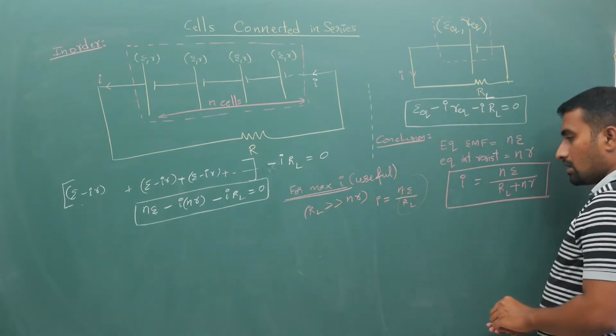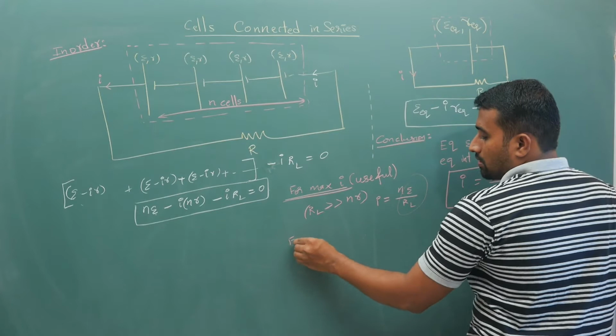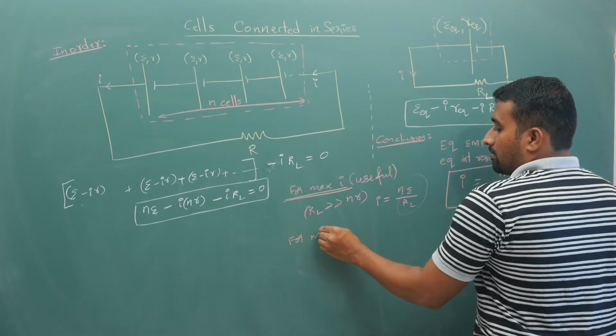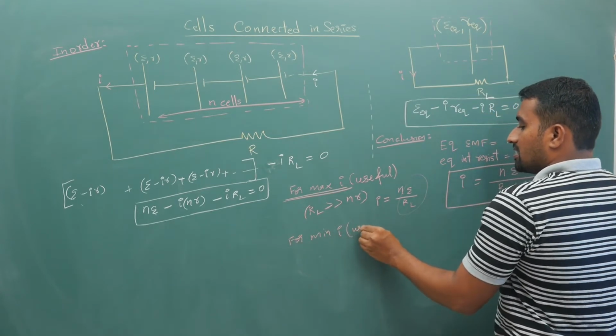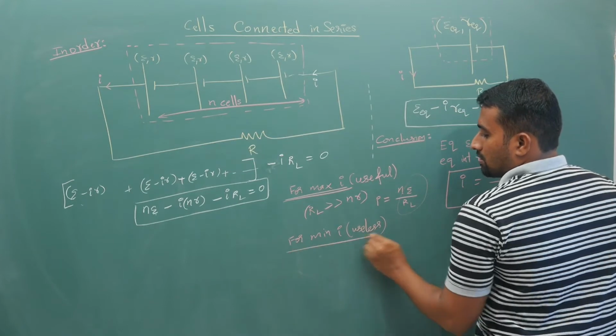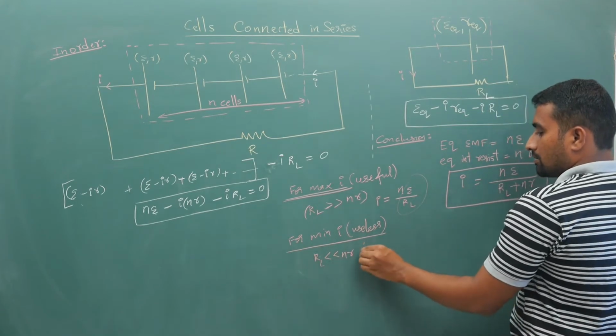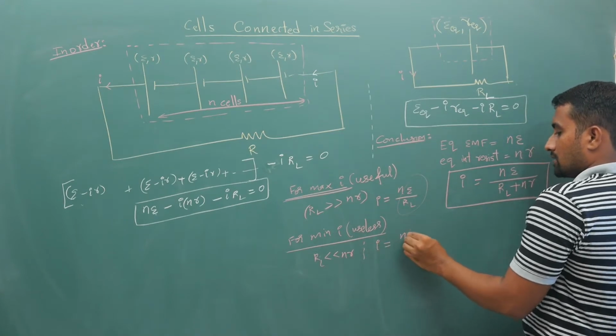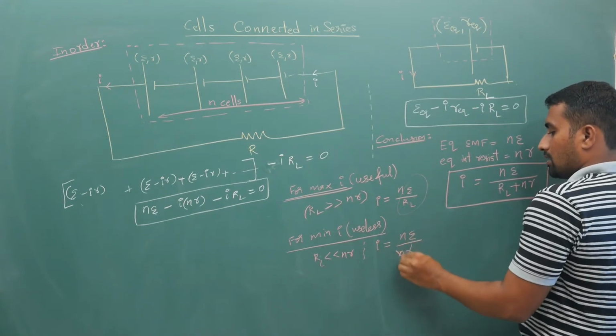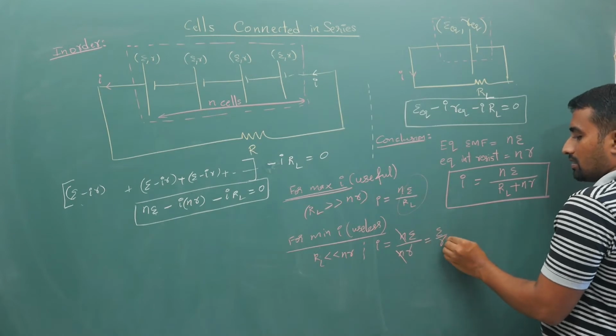That is why your circuit is useful here. For minimum I, it is useless. So your R load is very much less than Nr. Your current I is Ne by Nr, the N will go off, and you are going to get E by r.